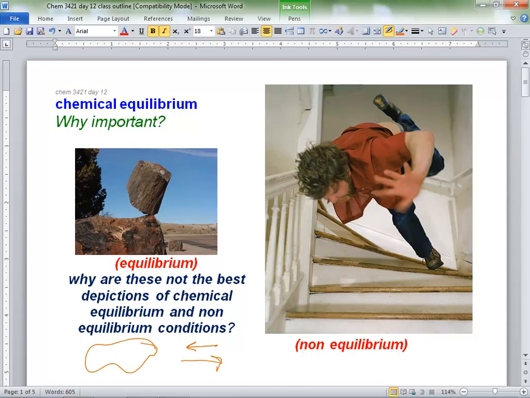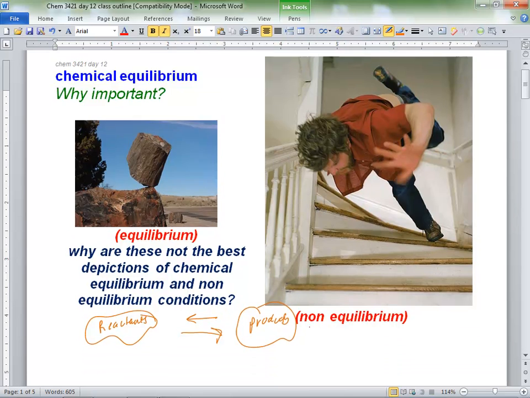The reactants are reacting at the same rate the products are forming, and the products are going back to reactants at the same rate the reactants are going forward. The rates are the same. So it's dynamic. These examples aren't dynamic, right? So that's what I was trying to point out there.